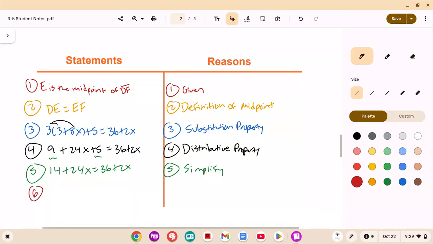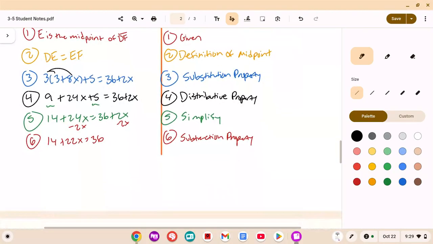Okay, then I think what I'm going to do is I'm going to subtract the 2x over. So instead of 14, this would be 22x equals 36. That was subtraction property. Oh, I'm starting to run out of room. And then I'm going to subtract the 14 over. Oops.